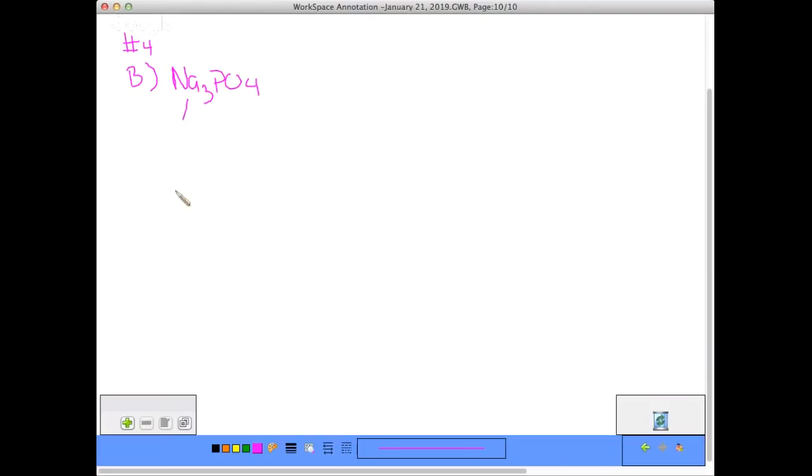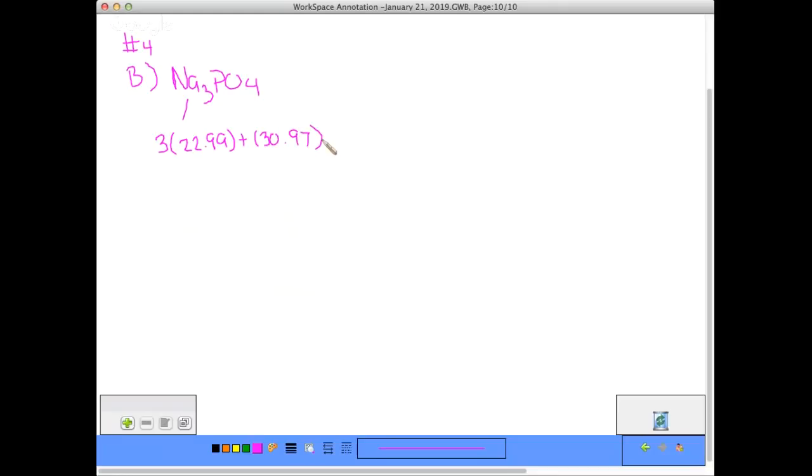So if I were to calculate the molar mass of this compound, I know that sodium, I have 3 of them. And let me look at my periodic table. Sodium, I got 22.99. Yeah, so 22.99 for sodium. And then I'm going to add 1 phosphorus, which is 30.97 on my periodic table.